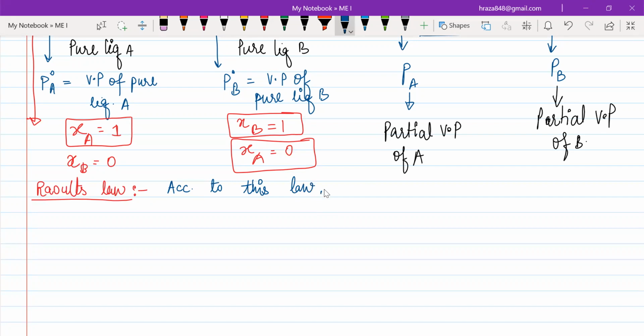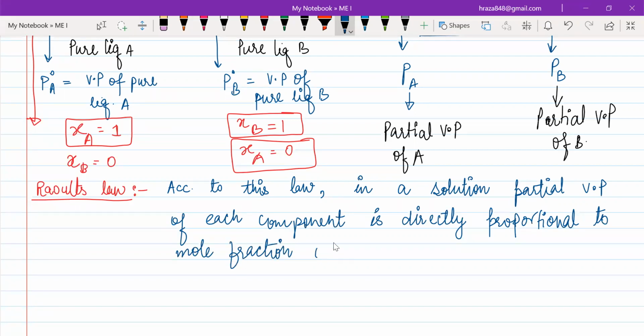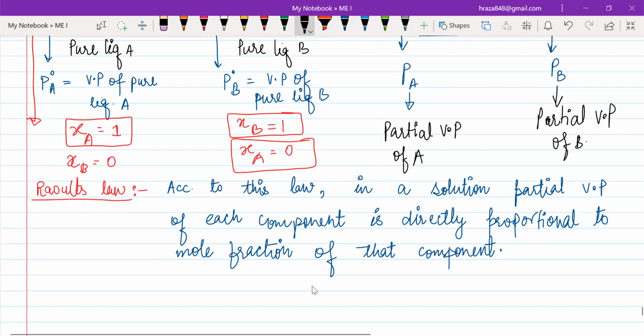According to this law, in a solution, partial vapor pressure of each component is directly proportional to the mole fraction of that component.